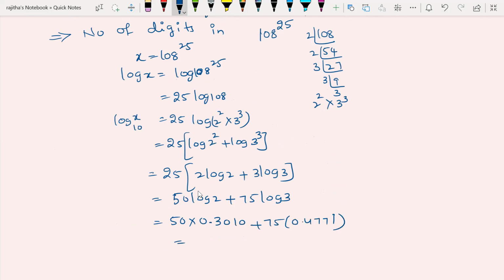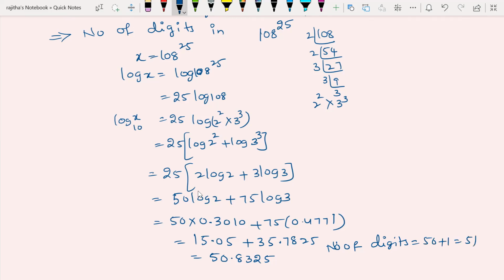This totals 50.8325. The number of digits is 50 plus 1, which is 51. The position of the first significant figure is 50, the characteristic is also 50, and the mantissa is 0.8325.